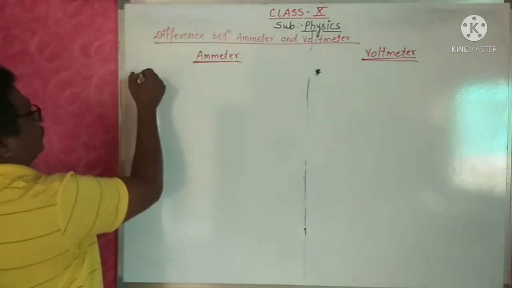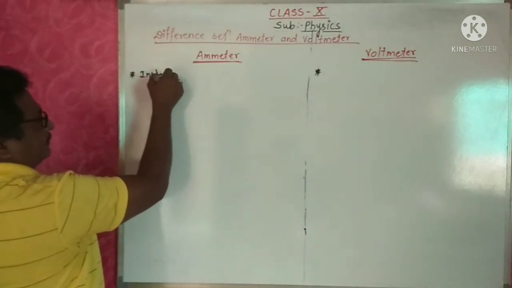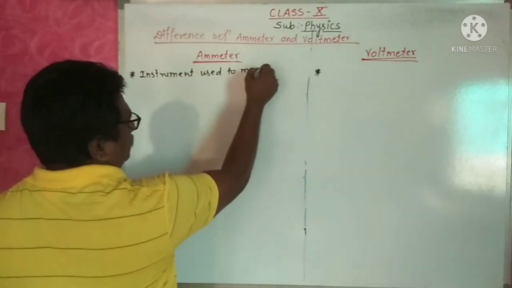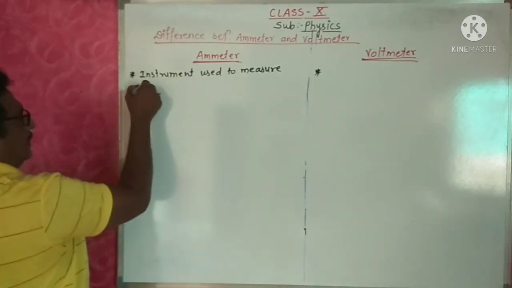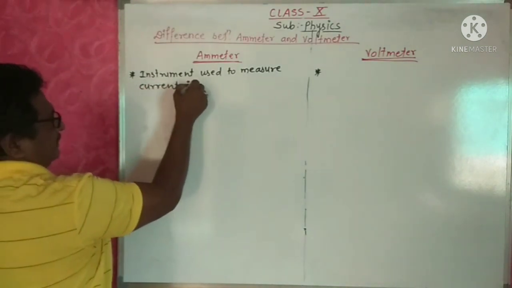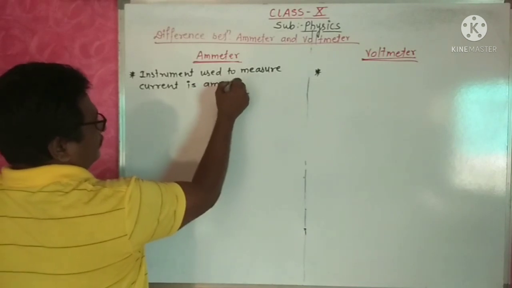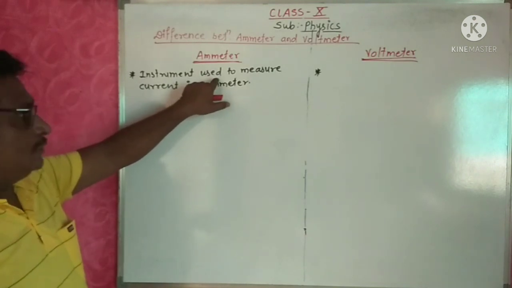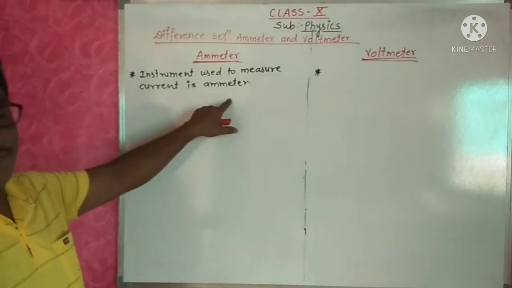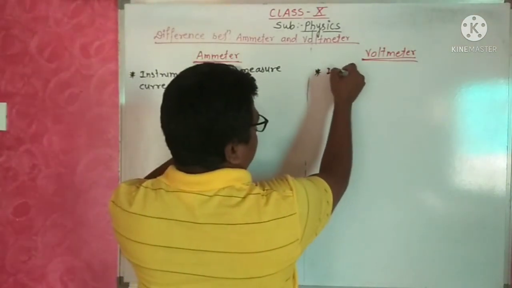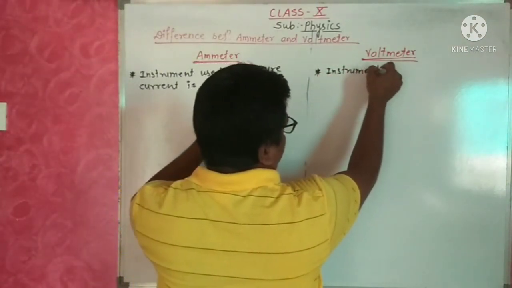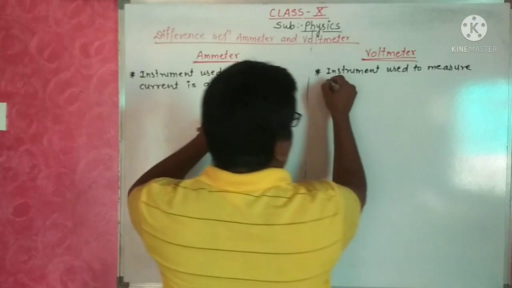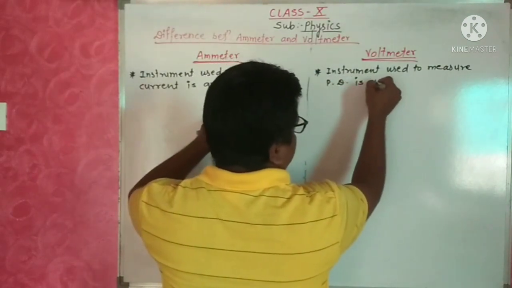The instrument used to measure current is ammeter, and the instrument used to measure potential difference is voltmeter.